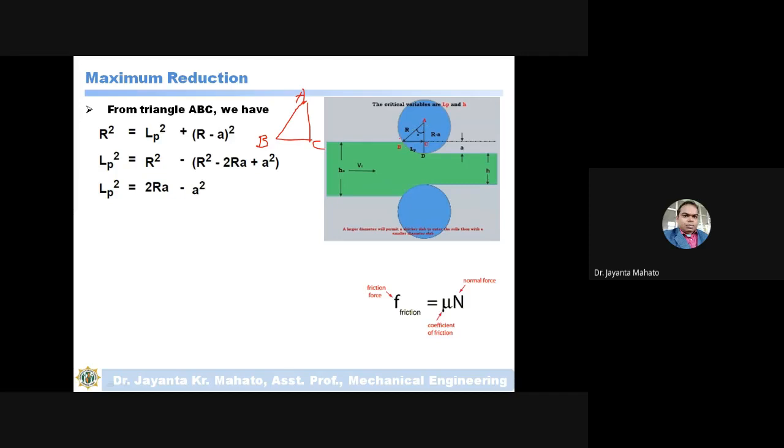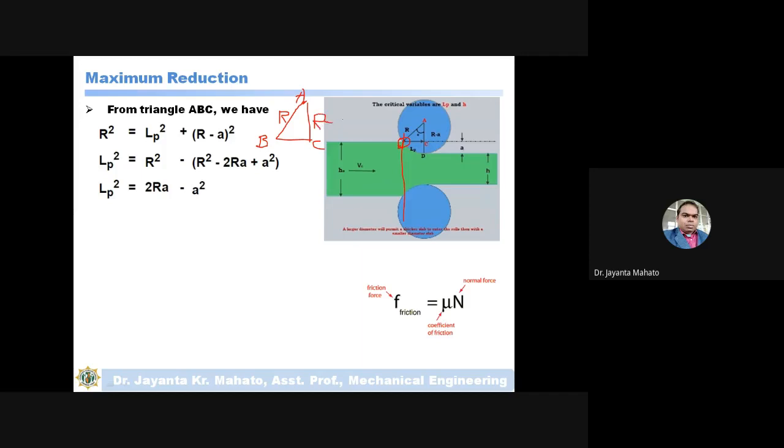B is the first touching point in the x-axis plane, where the material just enters. So AB is nothing but R, the radius of the roller, and AC is R minus a.